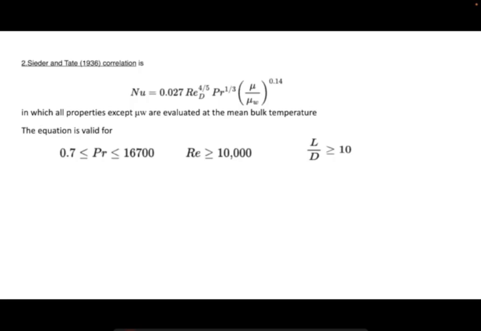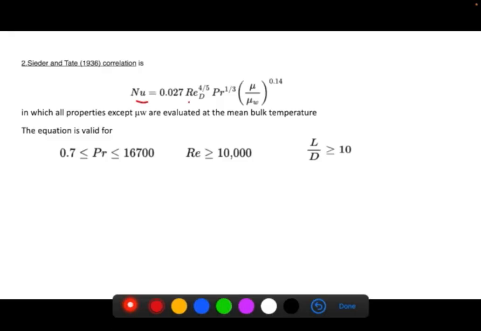Second correlation, Sieder and Tate in 1936. The correlation is as follows. Nusselt number equals 0.027 into Reynolds number Re_D to the whole power 4 by 5, Prandtl number to the whole power 1 by 3, into mu by mu W to the whole power 0.14, in which all properties except mu W are evaluated at mean bulk temperature.